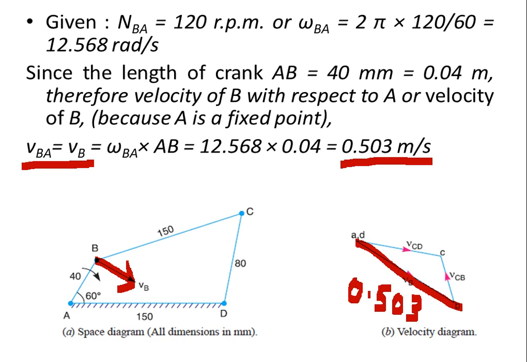But from point A up to point B, this should have a value of 0.503. So you can take a suitable scale, like 50.3 mm. Okay, so that scale you can take.